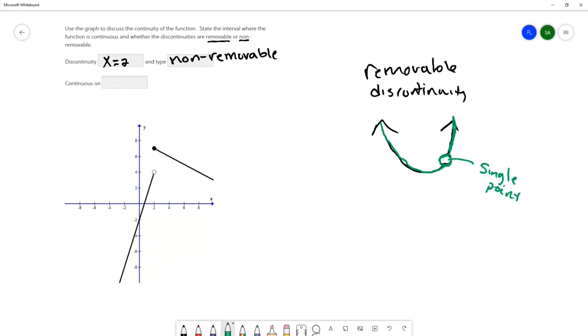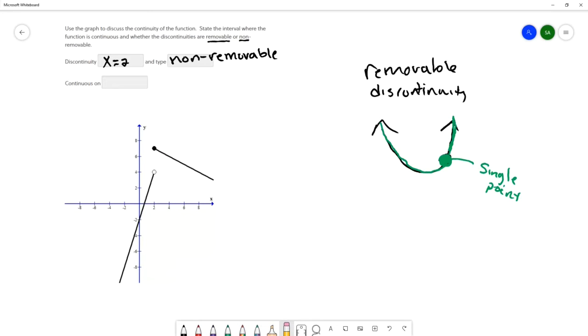So I could make this function continuous by filling in that single point, versus this particular gap is more than a single point. So it would take more than a single point to connect these two lines together, and that's what makes this a non-removable discontinuity.